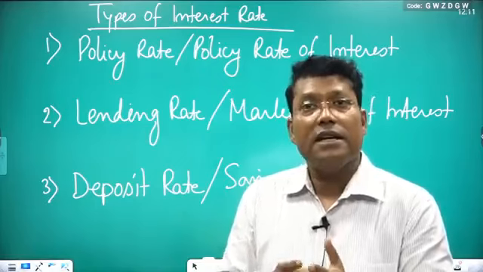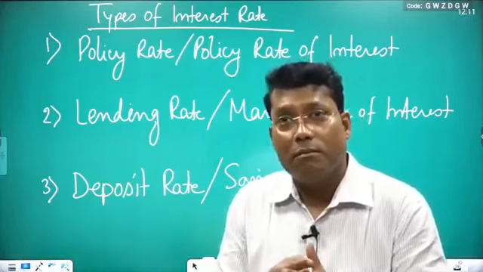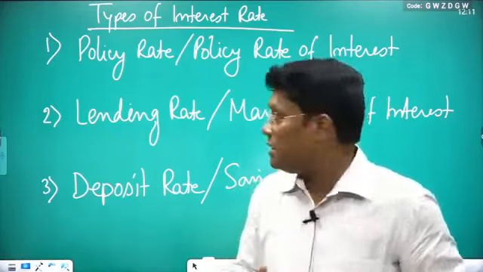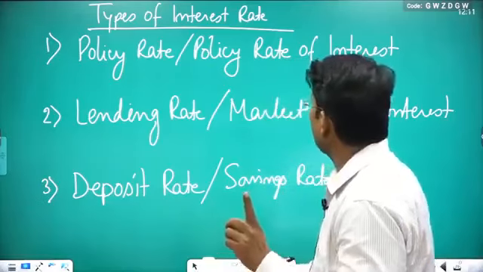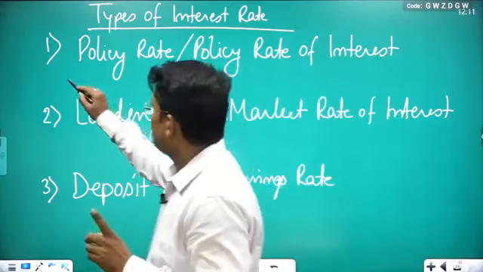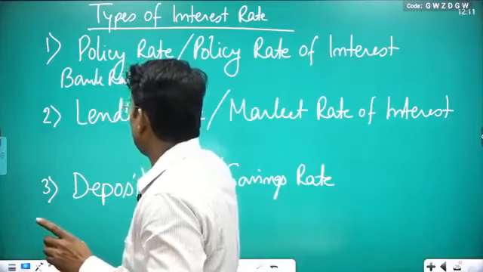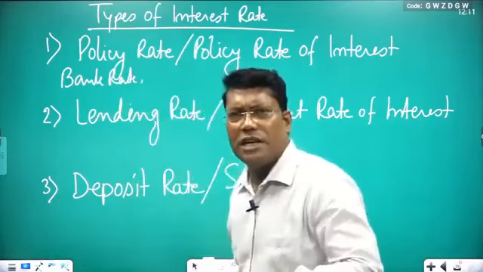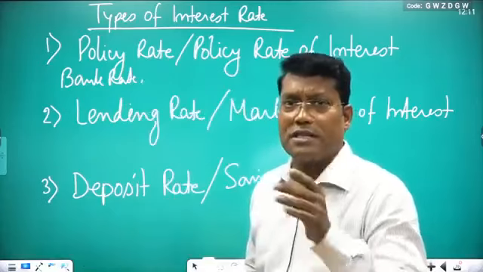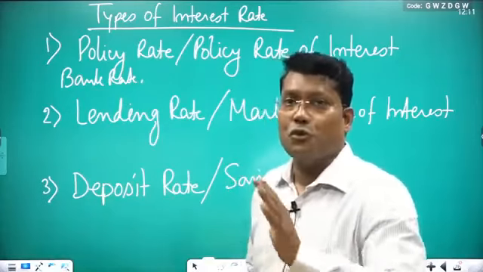MSF is the marginal standing facility. Since you requested, I am writing it. You can write bank rate, and I will discuss all the rates of interest, everything you will get in the monetary topic, monetary system or monetary policy. Here you just need to know the names.